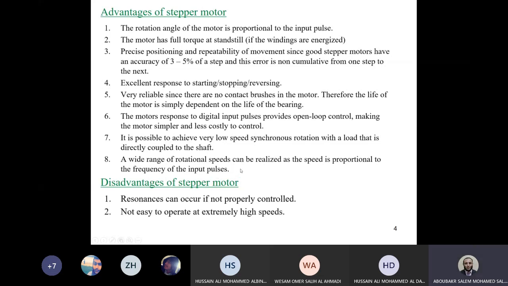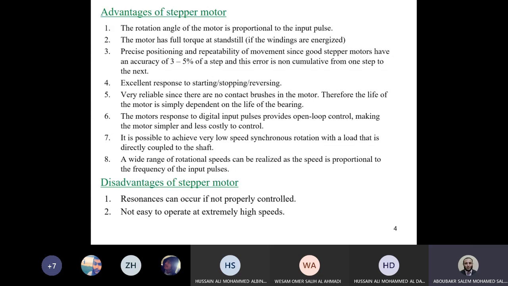Another drawback is that it's not easy to operate this machine at extremely high speeds, because the nature of its operation is like starting and stopping many times, since it's moving in steps. Extremely high speeds need continuous operation, not operation in steps.